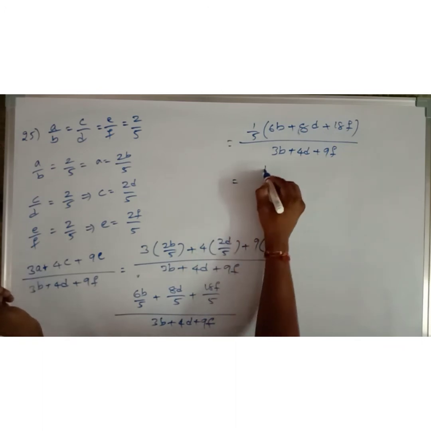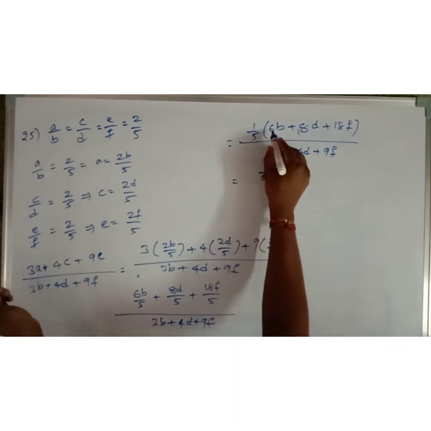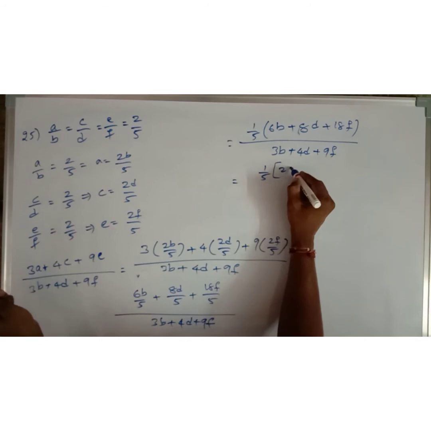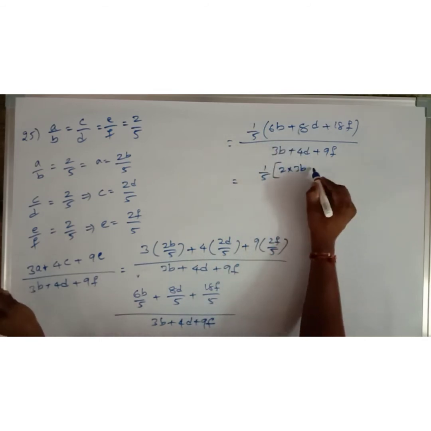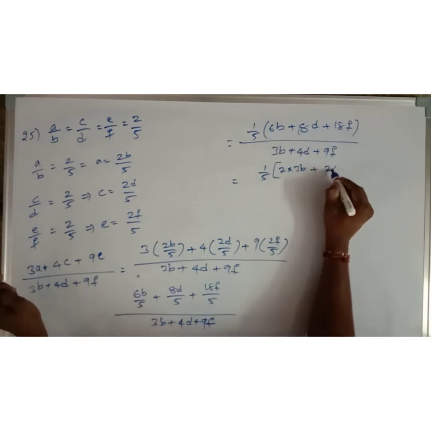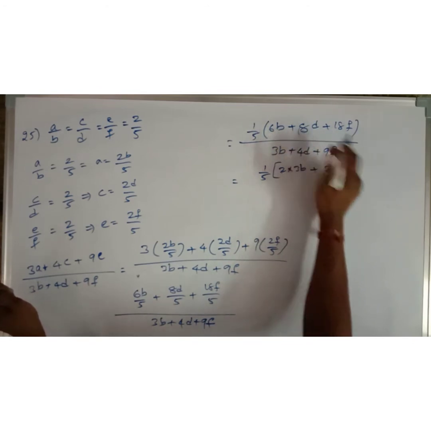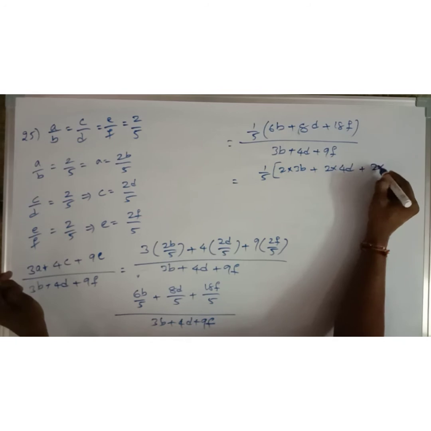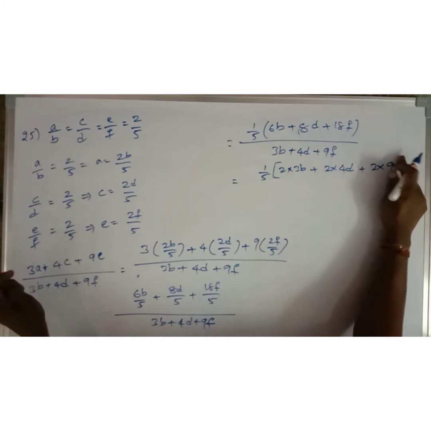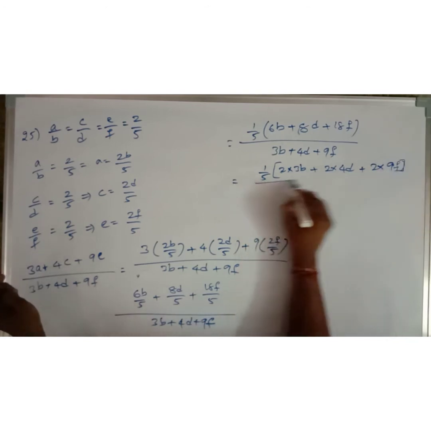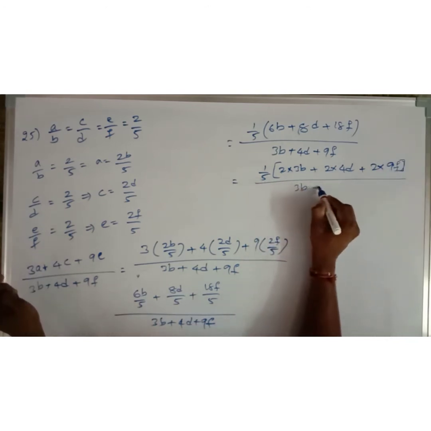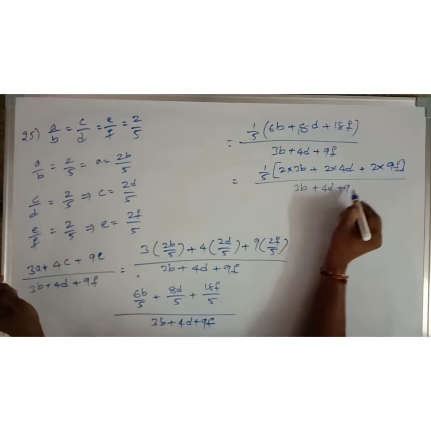Now that's equal to 1 by 5 into, so this 6b shall I write 2 into 3b, plus 2 into 4d, this 8d I am writing, plus 2 into 9f by 3b plus 4d plus 9f.